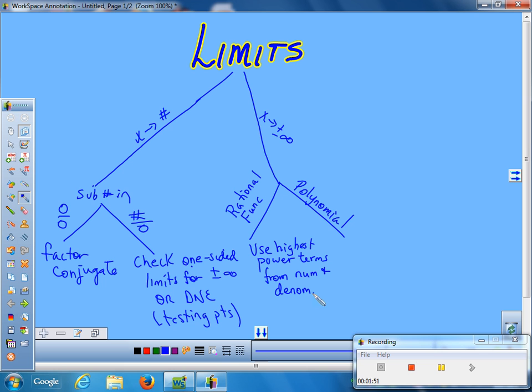Now, I'm going to do some examples here. Sometimes the highest power in the numerator is not the same as the highest power in the denominator, and that's okay. But all you ever need to do is just take the highest power terms because they are going to give you the answer.